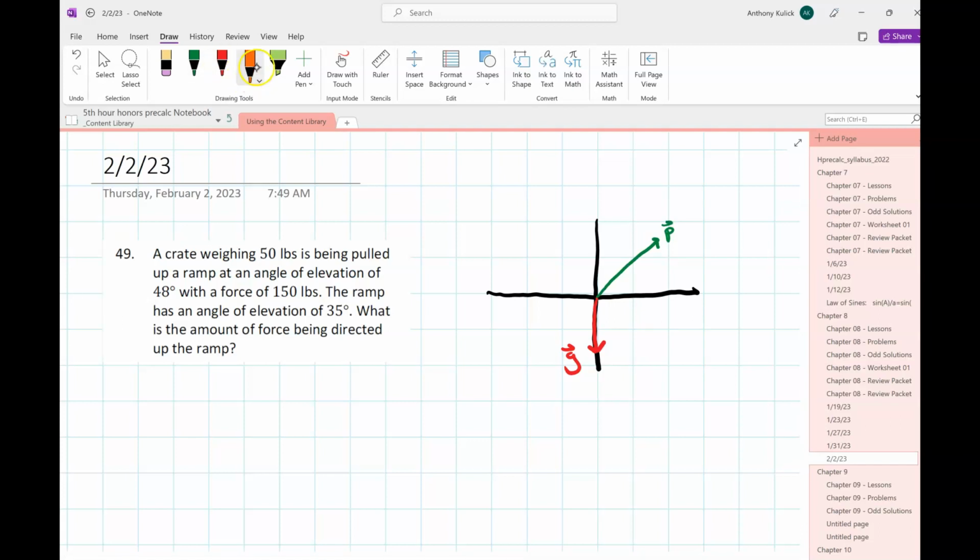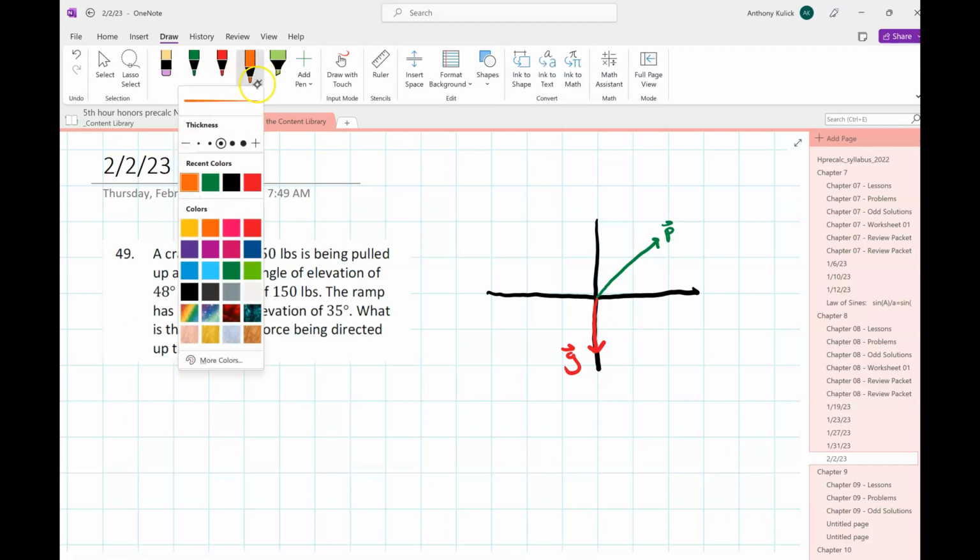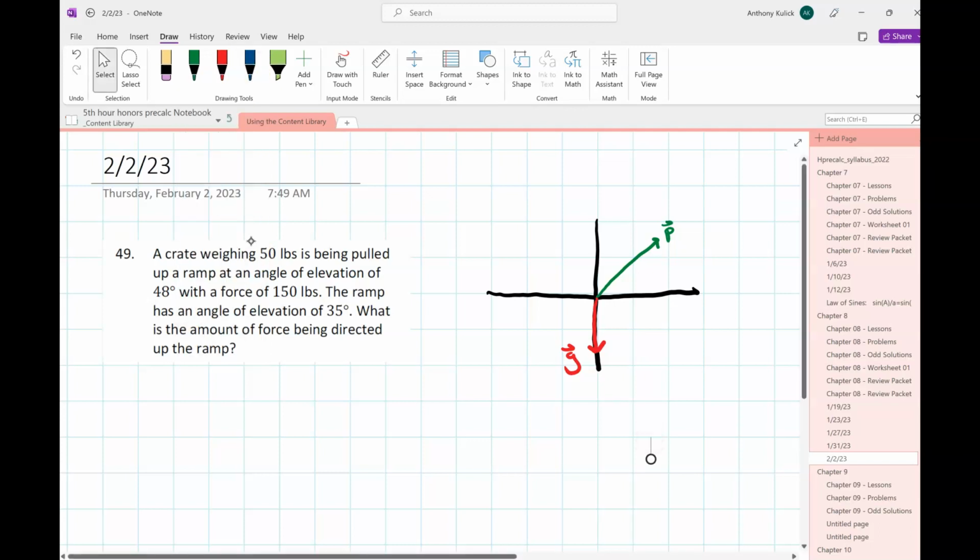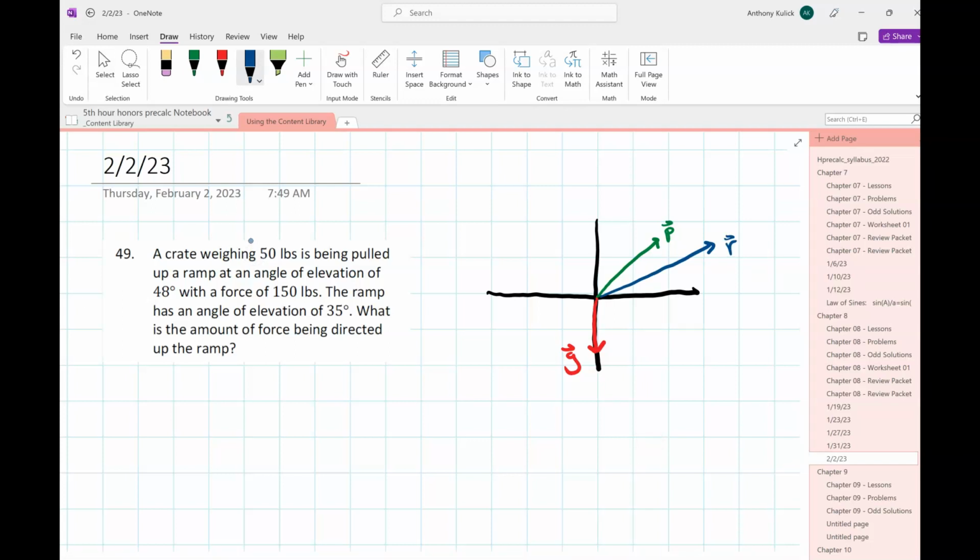And then I have one vector for the ramp that we're going to be projecting onto. Everybody okay with that notion?